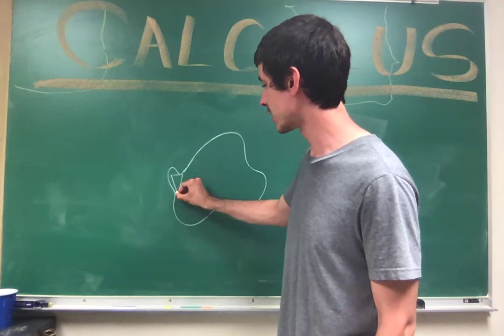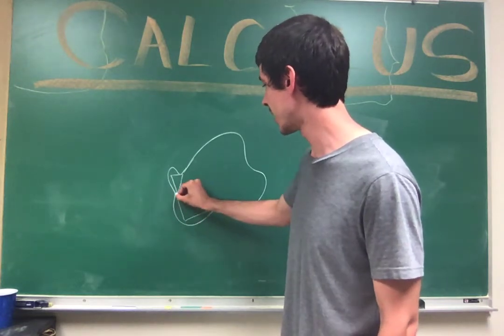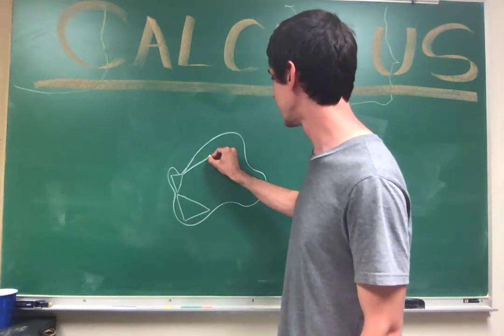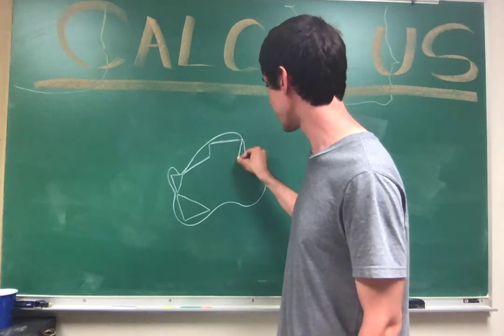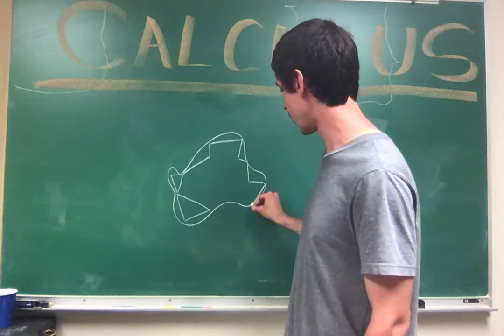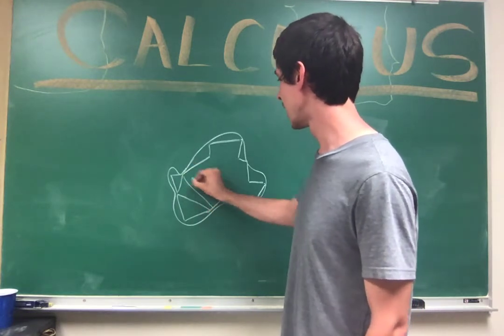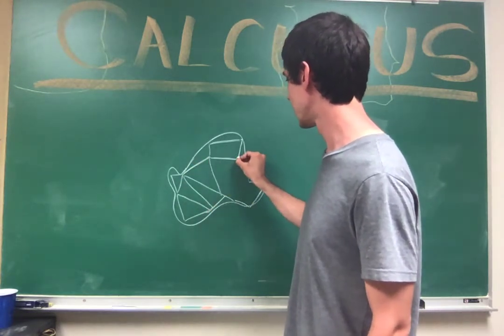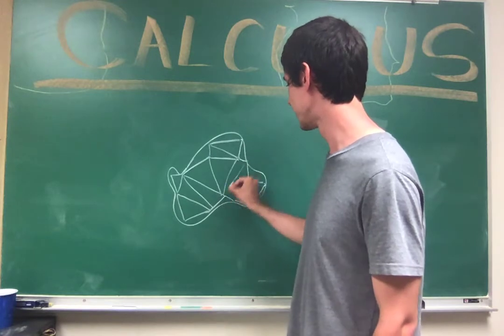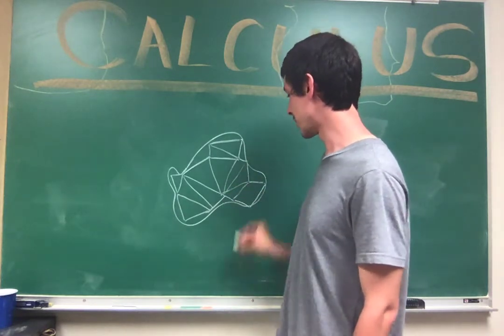And then of course your answer could be, well, what if we just put a whole bunch of triangles in here, and measure the area by approximating with some more straightened out object whose area we know how to measure?